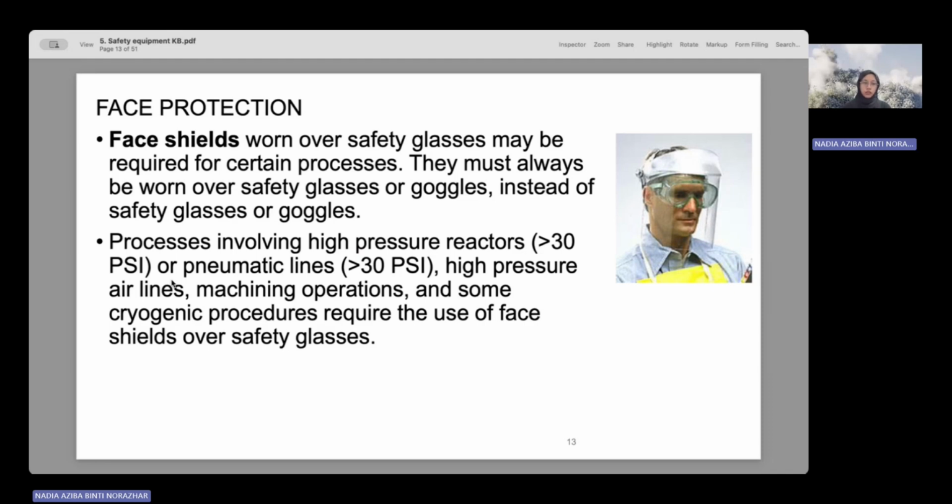The conditions or processes that involve wearing face shields include high pressure reactors, which is more than 30 psi, or pneumatic lines, also more than 30 psi, high pressure airlines, machining operations, and some cryogenic procedures, such as those holding liquid helium or liquid nitrogen. These procedures require the use of face shields over safety glasses.